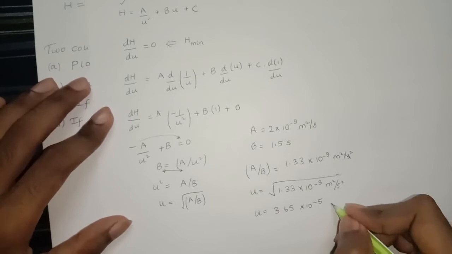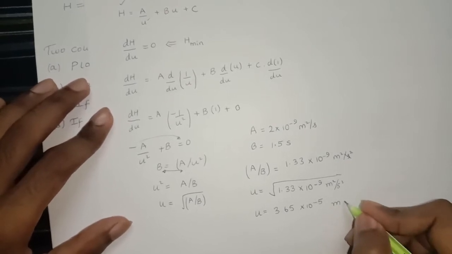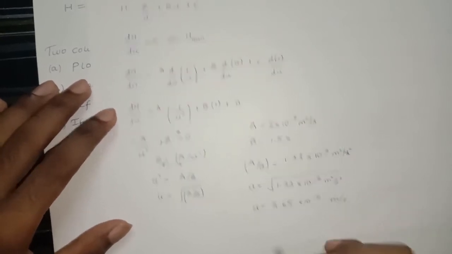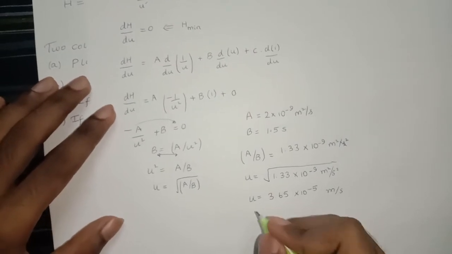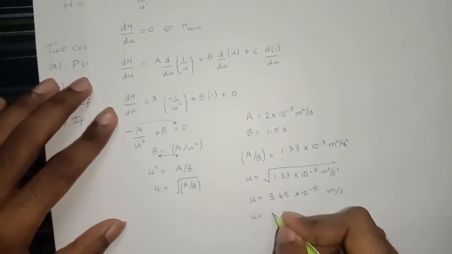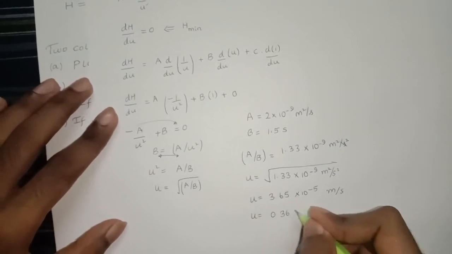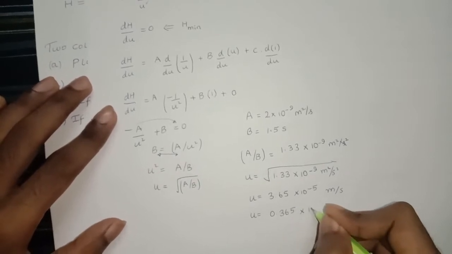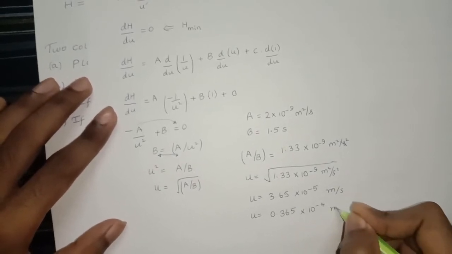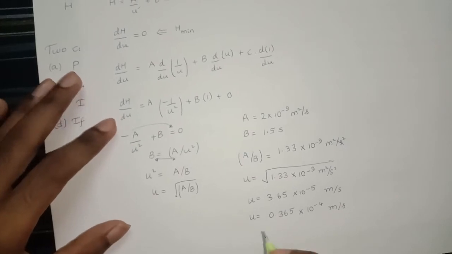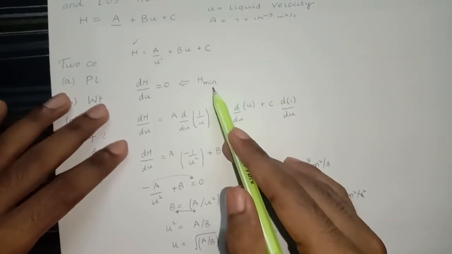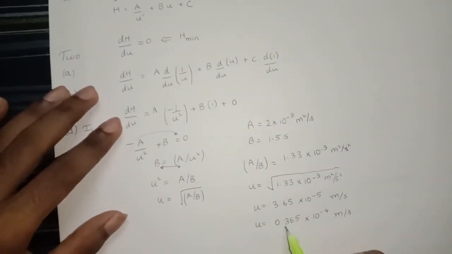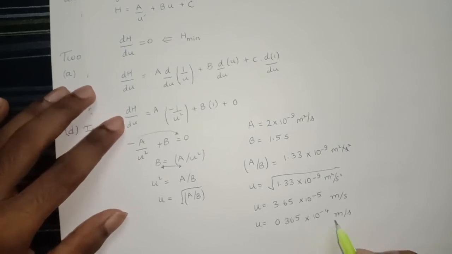Square root of meter square is meter, and 1 over second square gives per second. So u is equal to 0.365 into 10 raised to the power negative 4 meter per second. So we get H minimum at u equal to 0.365 into 10 raised to the power negative 4 meter per second.